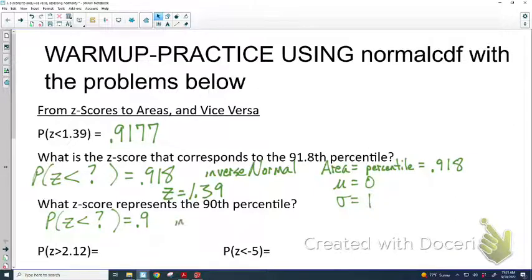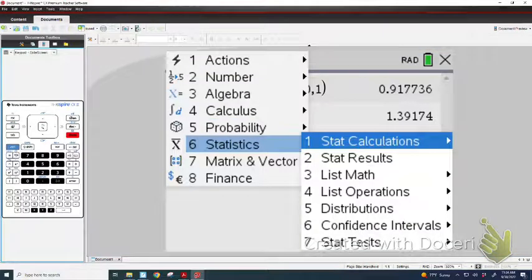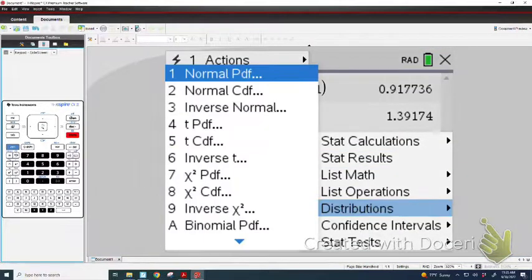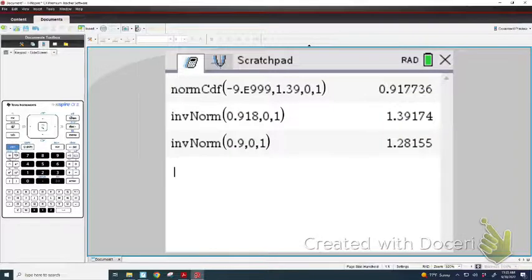So inverse norm, area equals 0.9, leave mu alone, leave sigma alone, and we get 1.28.